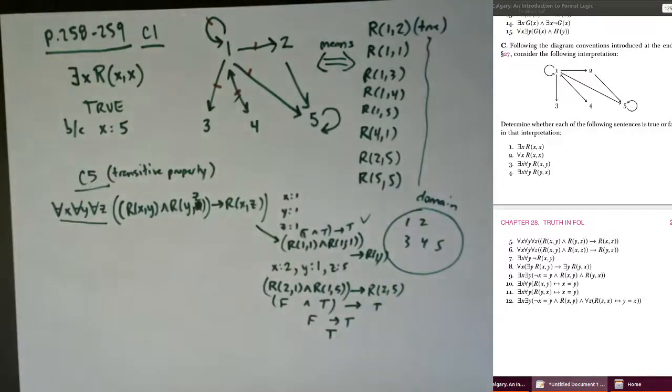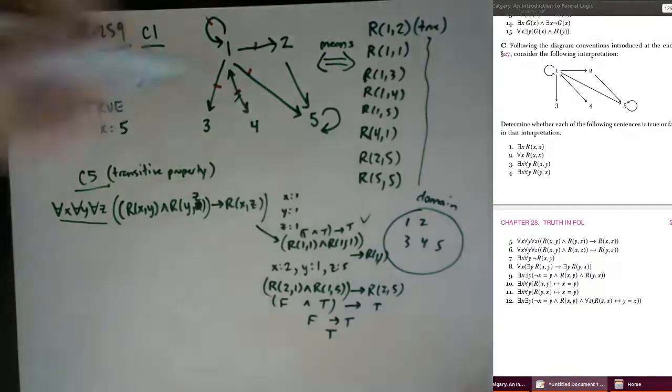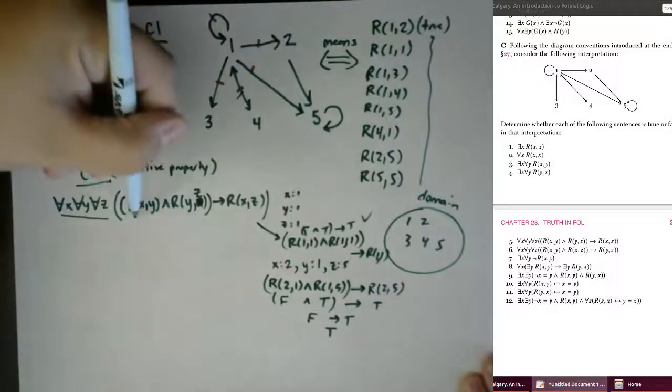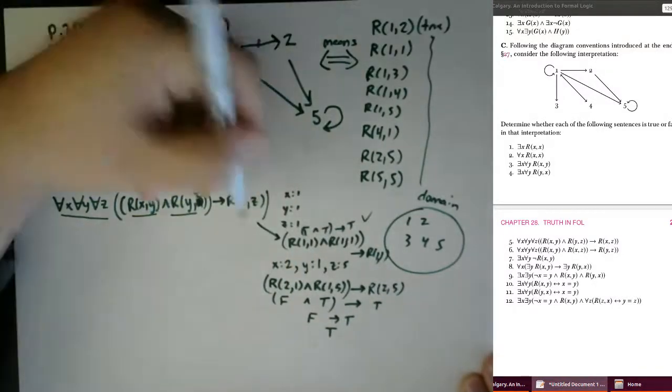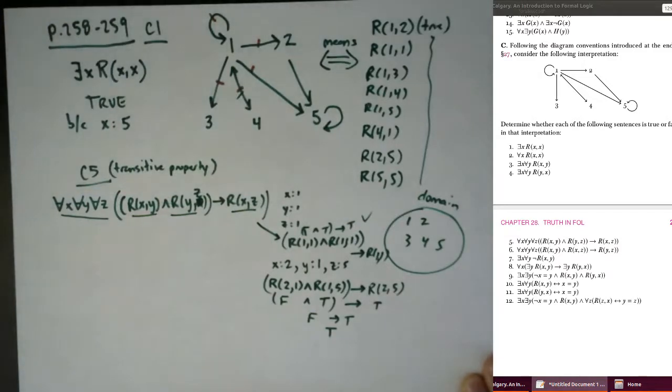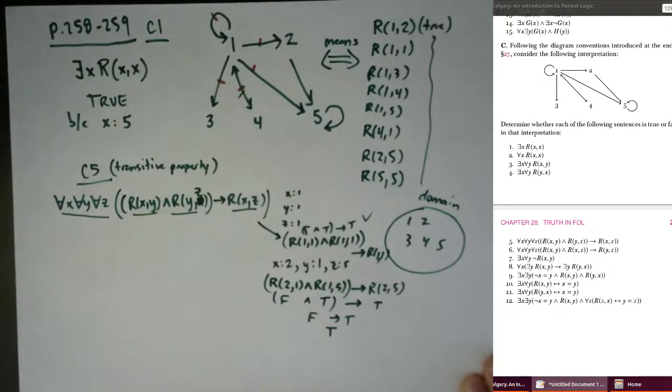So again, it was true. So it seems like what we want to make a counterexample happen is we want to make sure that both of these ones are true, but we want this one to be false. If we can do that, then we got it. Okay?